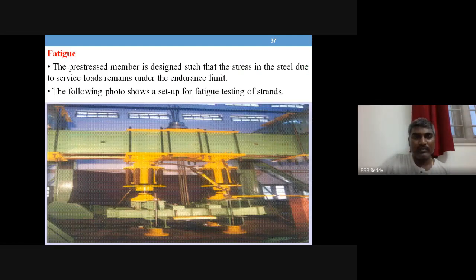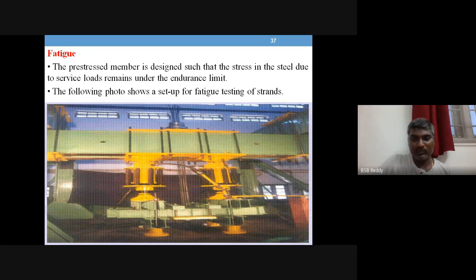This is the testing machine. If you happen to visit nearby NIT Warangal, you can see the cyclic fatigue testing machine also. Almost all IITs will have this fatigue testing machine. This shows the fatigue setup.